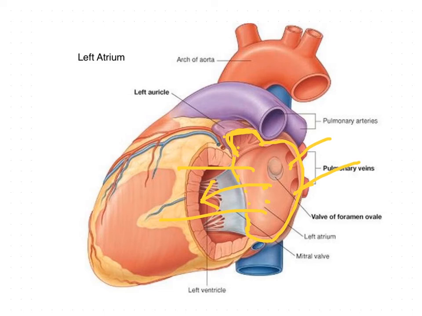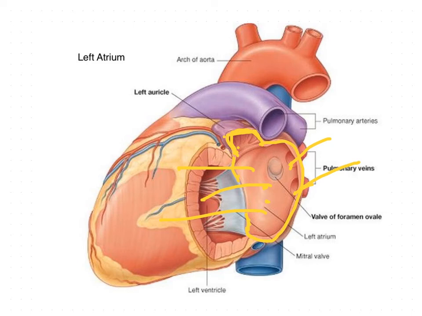This is guarded by a valve, called the mitral valve, or bicuspid valve, or left atrioventricular valve. So these are the general things about the left atrium.